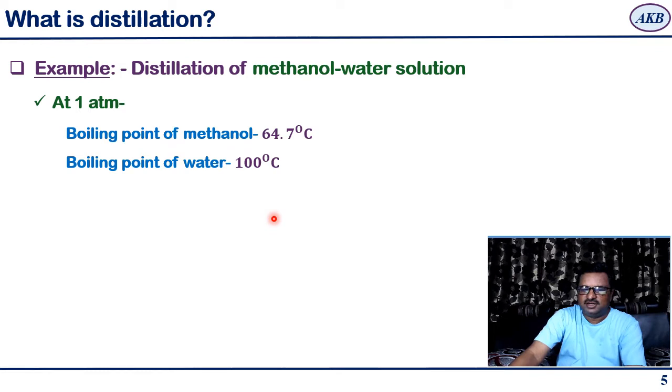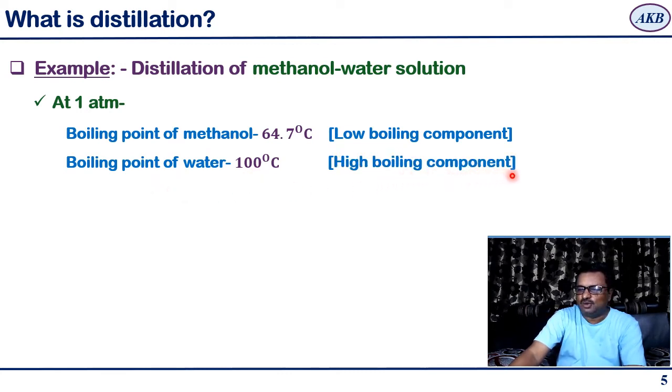Comparing these two boiling points, we can easily say that methanol is the low boiling component. Methanol is the more volatile component, and therefore methanol shows greater tendency to vaporize. Whereas the boiling point of water is 100, and therefore it is the high boiling component, or the less volatile component.